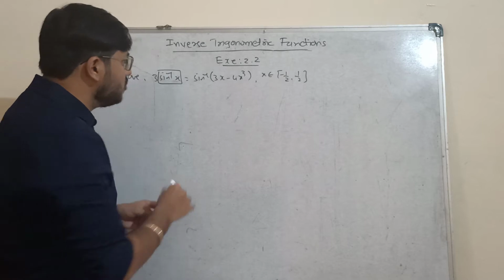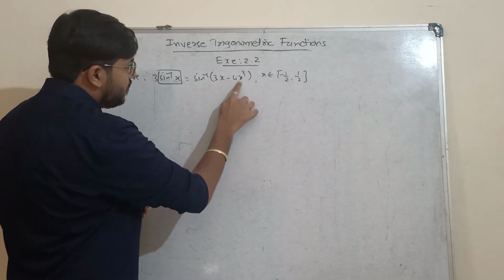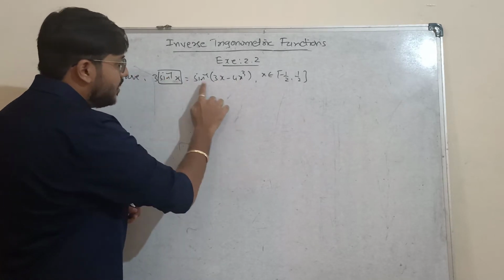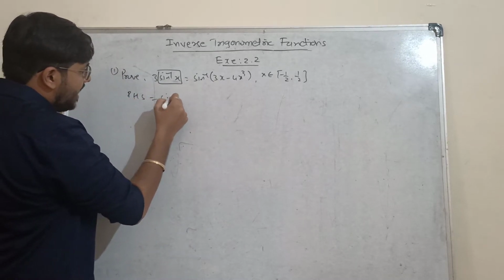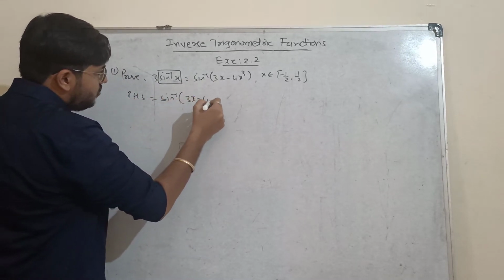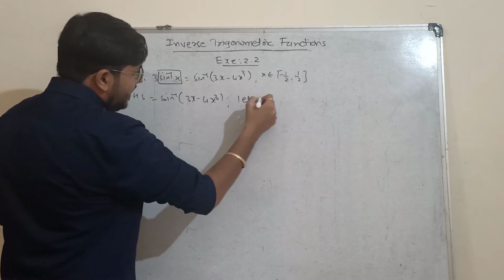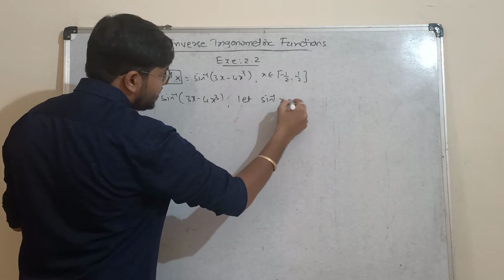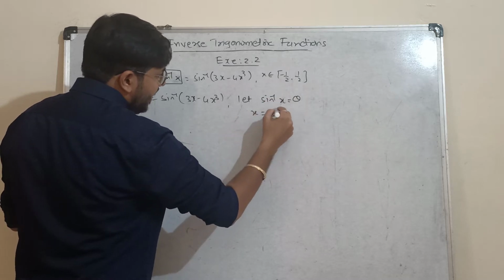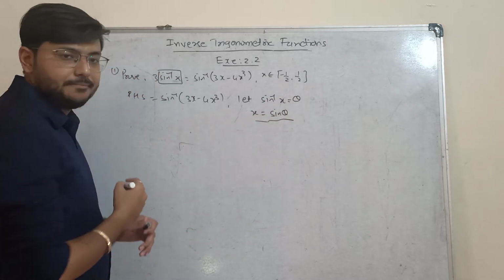So if you want to prove sine inverse 3x minus 4x cube as 3 sine inverse x, in the RHS I have to take, let sine inverse x equals theta, as x equals sine theta.